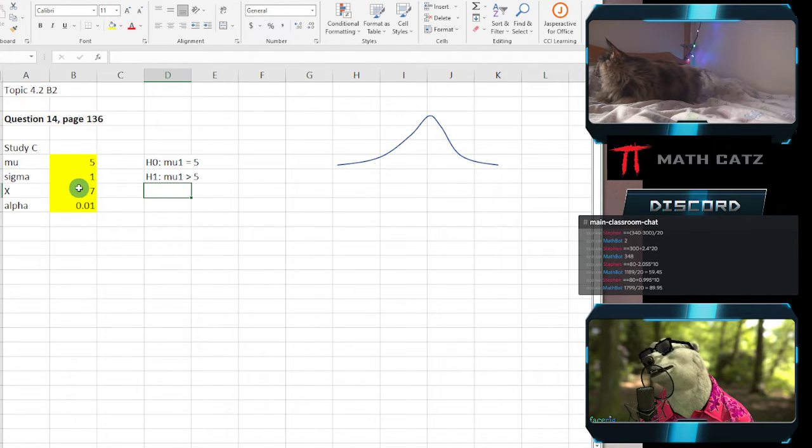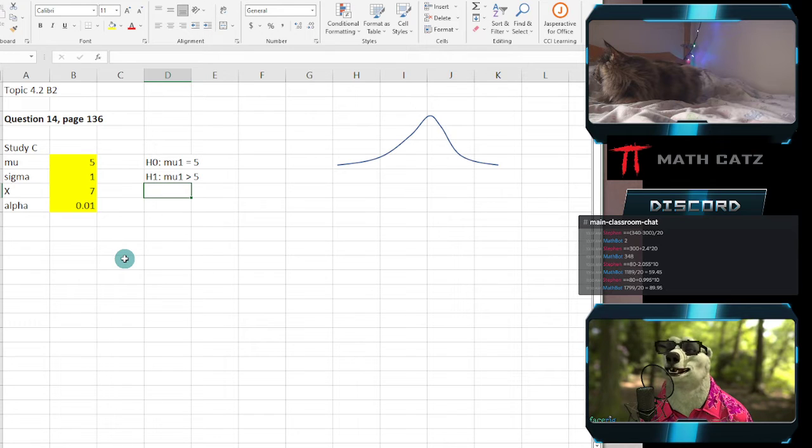So does the evidence, a raw score of 7, serve as strong enough evidence to suggest that the true population mean is actually greater than 5? That is our rough setup.